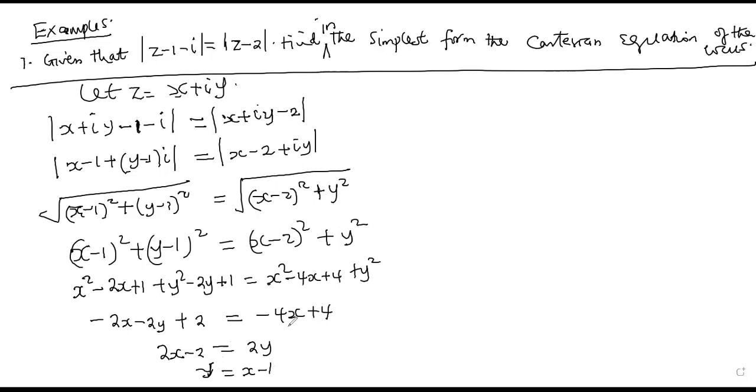This is the locus, the equation of the straight line. If they want you to describe the locus, you will say that the locus is a straight line with gradient 1, because this one is in the form y equals mx plus c. So we can easily get the gradient, and at the same time, you can easily get the intercept, right?